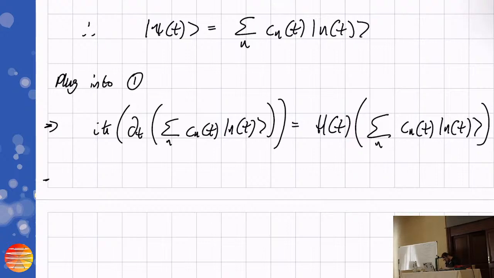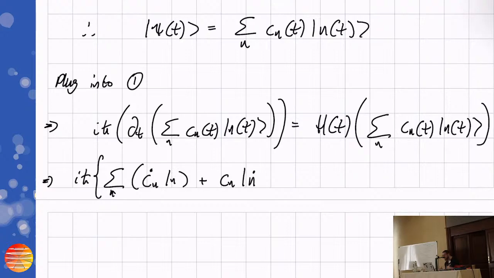Then we have i h bar, and if we take the time derivative of that ansatz wave function, I still have the sum over n of the time derivative of my coefficients, plus C_n times the time derivative of my eigenstates.